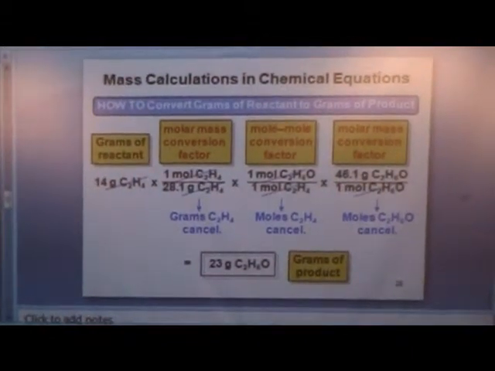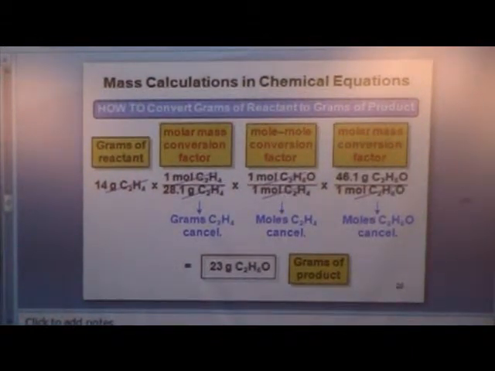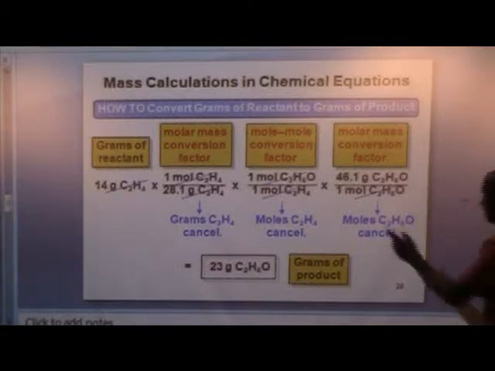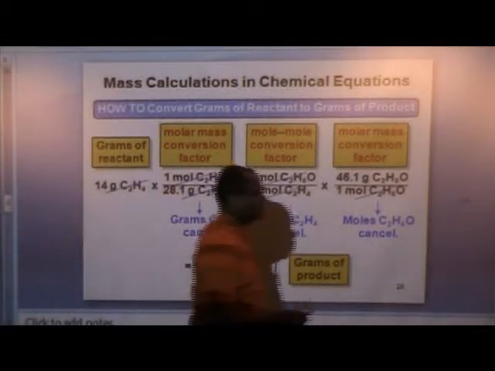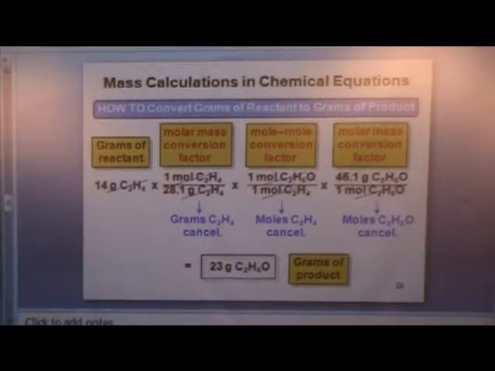Okay. Now the second problem. How many of you solved the second problem? What's your answer? 18.75 grams of nitrogen monoxide. Okay.